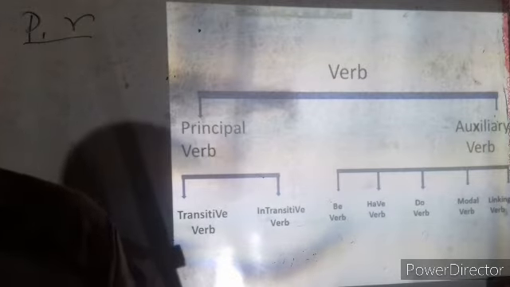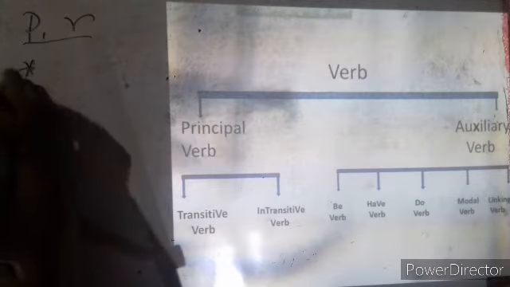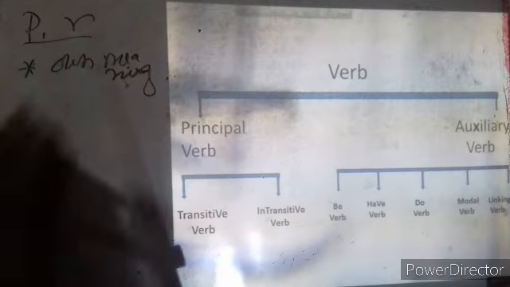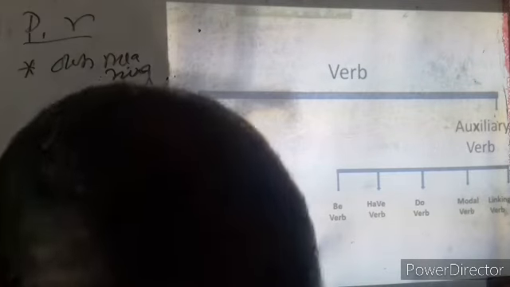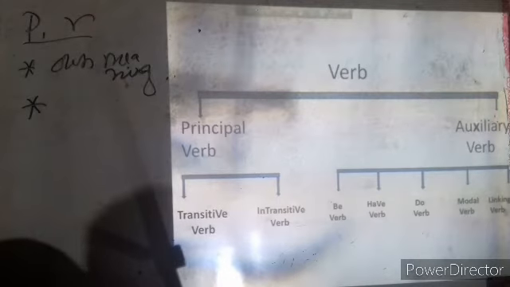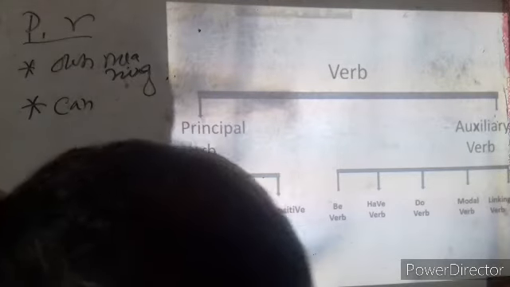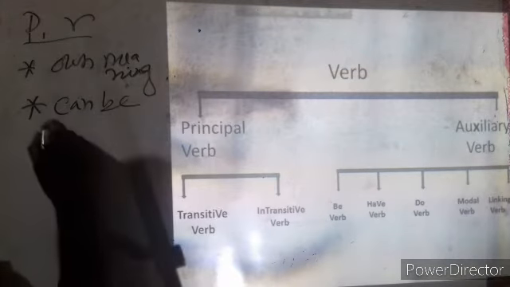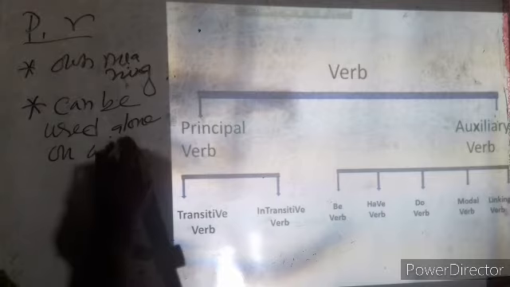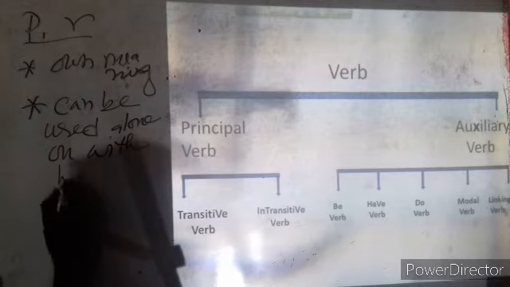Principal verb has its own meaning. There are two characteristics. Number one, own meaning. First of all, principal verb must have own meaning. And number two, there is another characteristic of principal verb: it can be used alone or with helping verb.